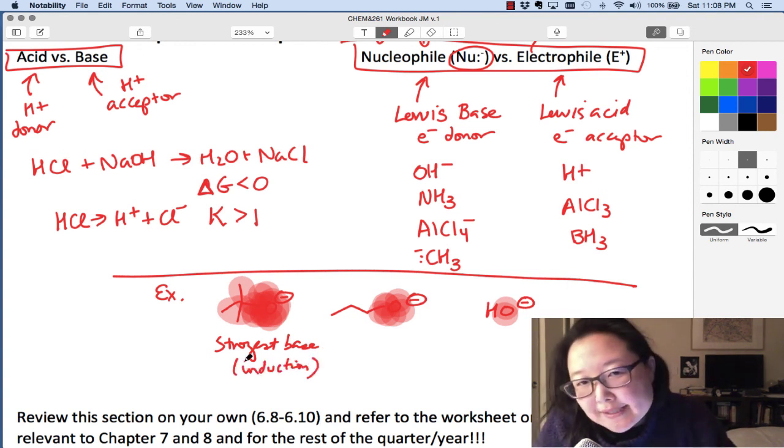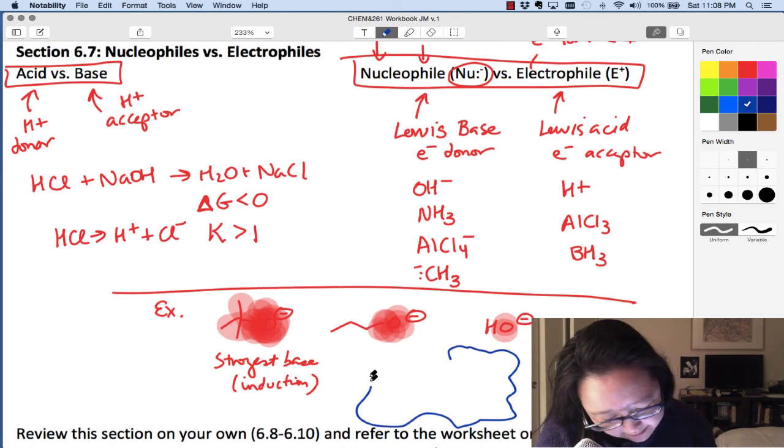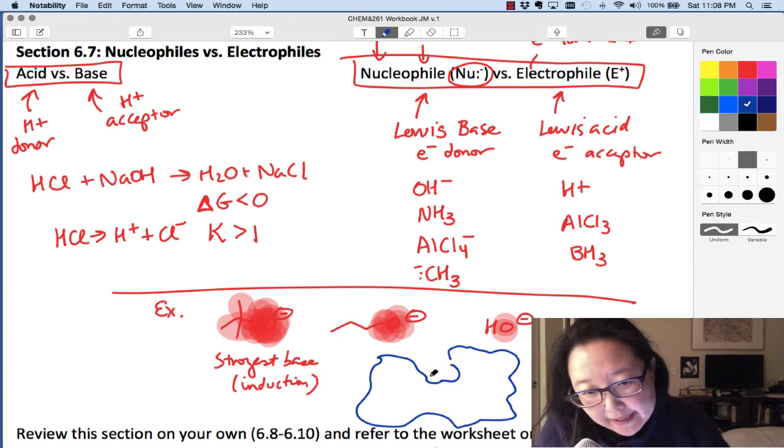Now what I'm going to say is, as a nucleophile, how well do these bond to something else? Here is a complicated molecule with many atoms, and it has a little spot for reaction. If I'm this big complicated molecule and I want to bind to one of these, which one's going to be the most effective?